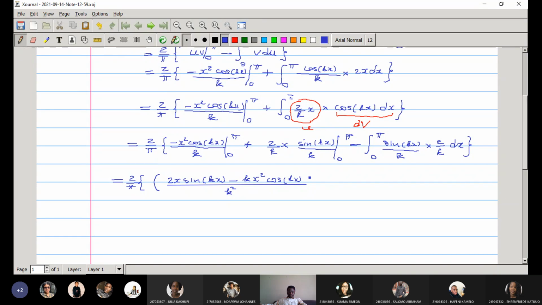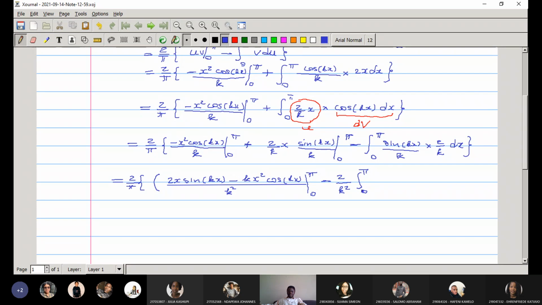And this is evaluated from 0 to pi. So we put these two together here. And then this last integral, which is negative, I can take this 2 by k squared, as you can see, 2 by k squared, and then the integral from 0 to pi.